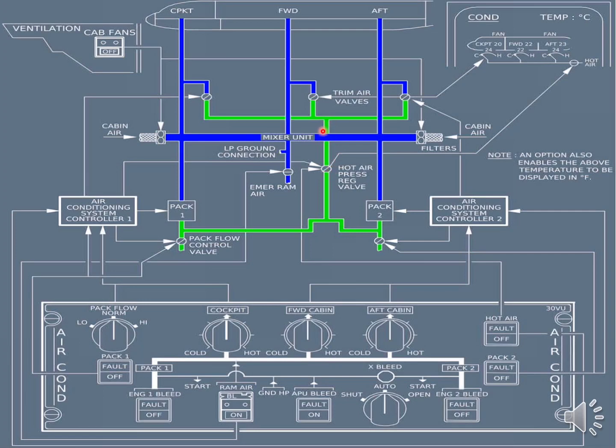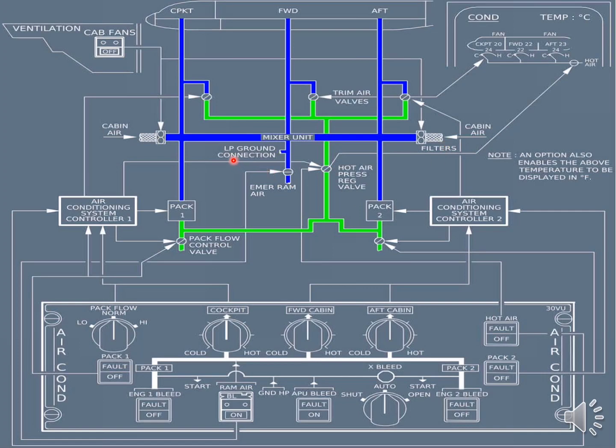Next is the mixing unit. In the mixer unit, recirculated air coming from the cockpit or cabin is mixed with the fresh air coming from the pack, and thereafter sent to the different locations: the cockpit, forward cabin and then aft cabin. Here you can see the air from the cabin is coming through these filters.